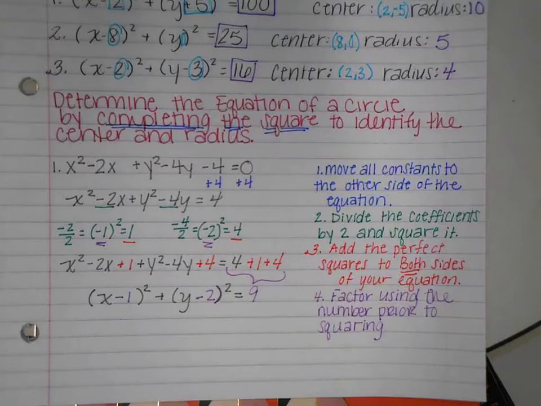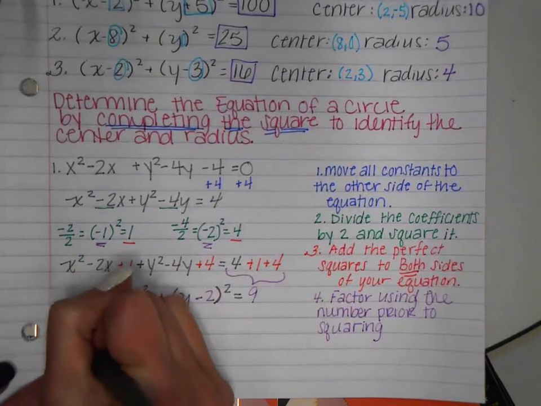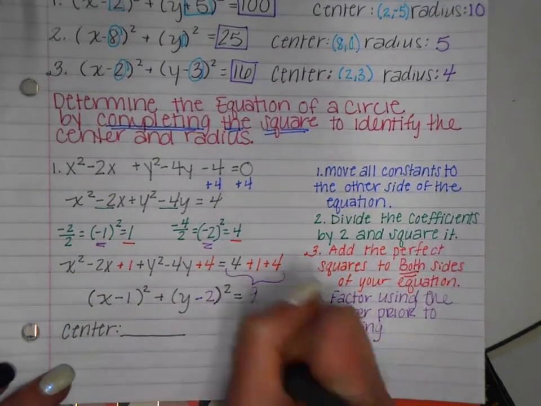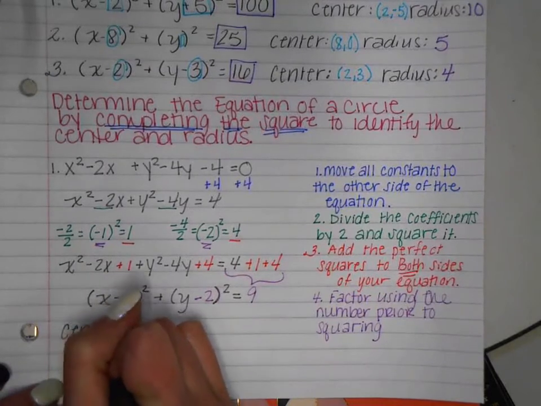Okay, so ultimately, remember, we were doing this so we could identify what our center point is of our circle and what our radius is of our circle. So what is our center? And what is our radius?